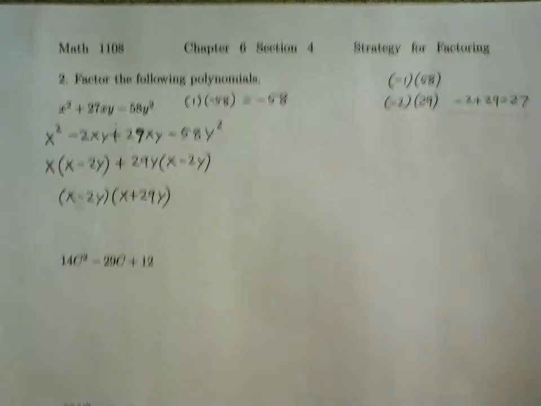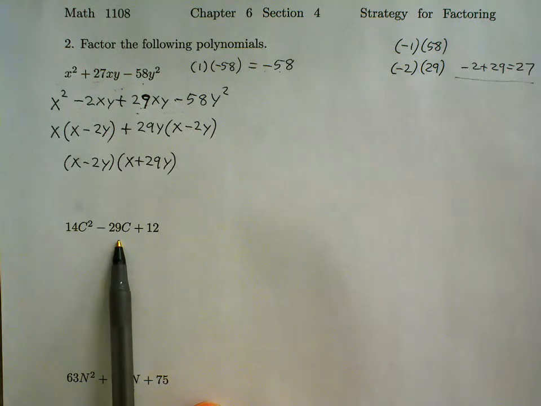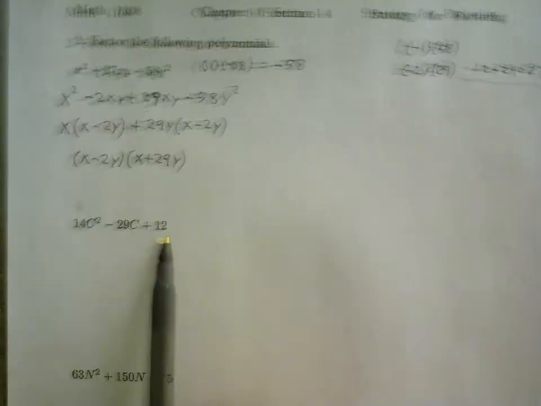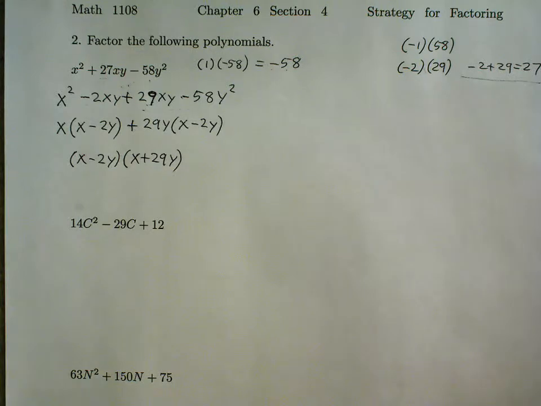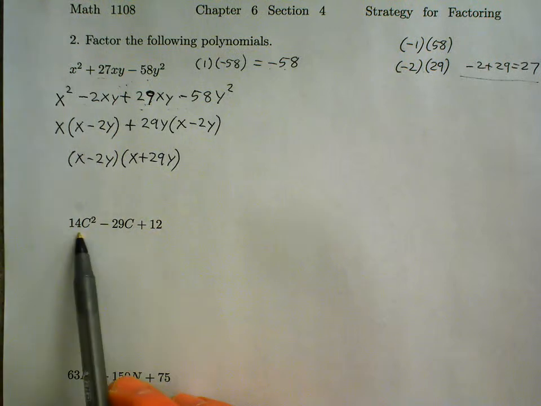Okay, the next trinomial, 14c to the second minus 29c plus 12. The greatest common factor of all three terms is 1.